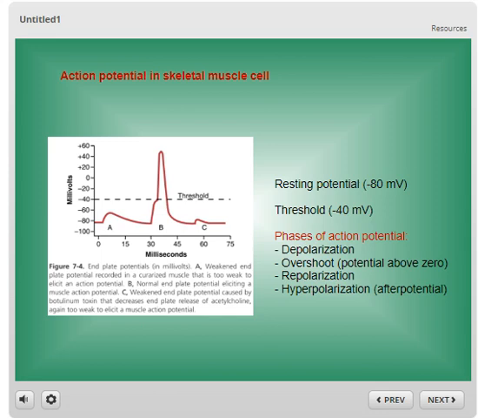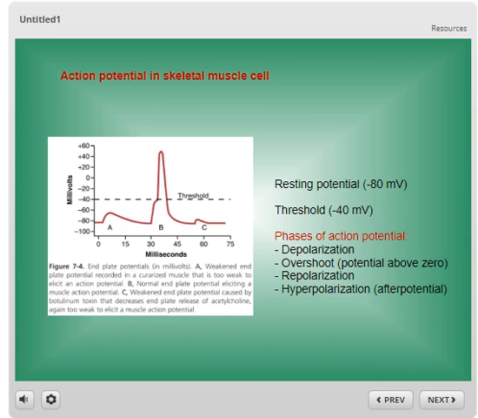The first is depolarization: upon reaching the threshold, the sodium channels open and sodium ions rush into the cell. This influx of positive ions causes the membrane potential to become less negative and eventually positive.